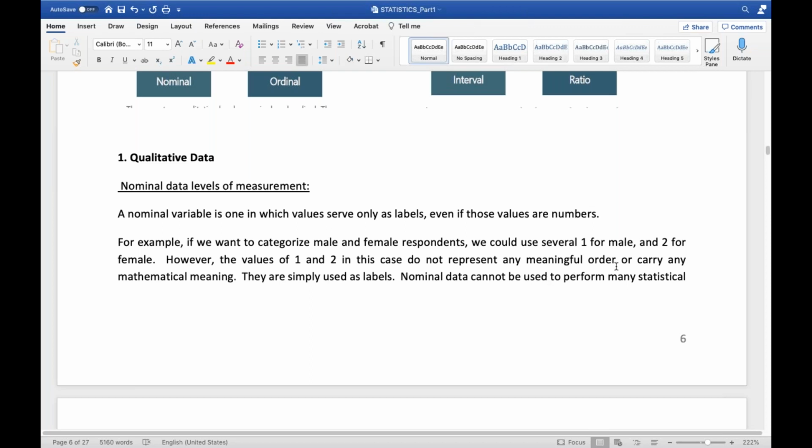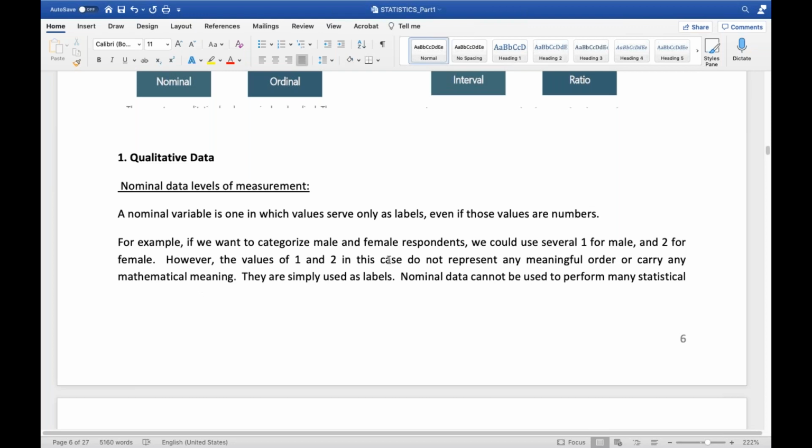See guys, if you take gender and write male is 1, female is 2, there is no meaning that male is first, and no meaning that female is first. So there is no meaning of order for gender. Even if you represent male as 1 and female as 2, there is no meaning at all. Gender is not following an order, and we call it nominal data.